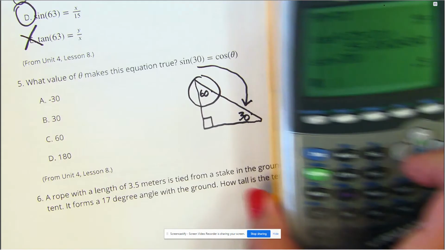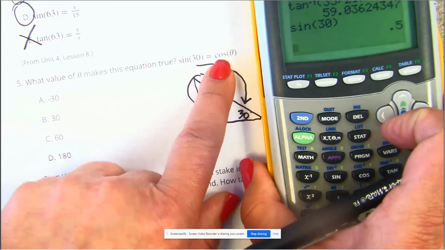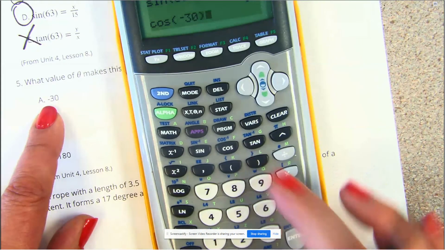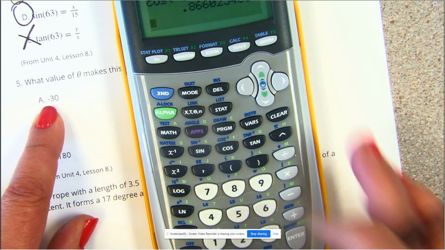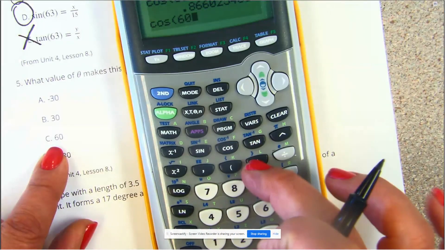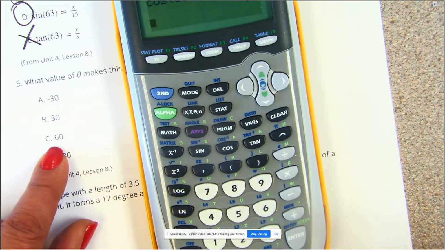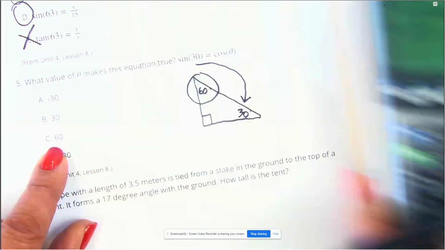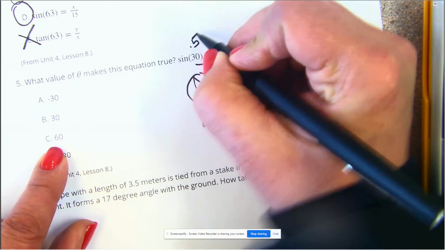But let's just go through if you weren't 100% sure and try. What's the cosine of negative 30? No, that's not 0.5. What's the cosine of 30? No, that's not 0.5. What's the cosine of 60? Hey, there it is. The cosine of 60 gets the same answer as the sine of 30, which was 0.5.